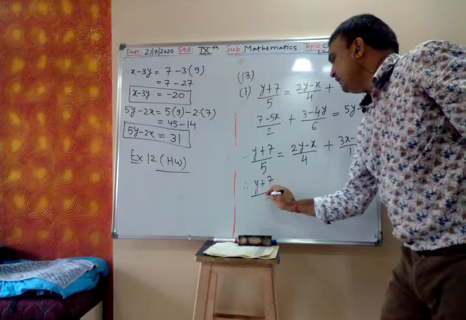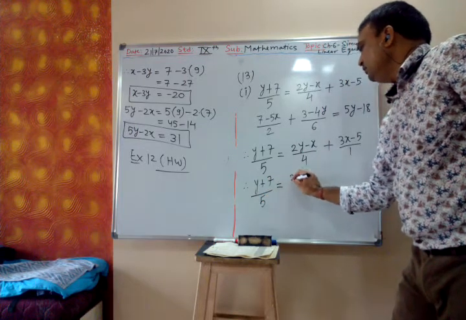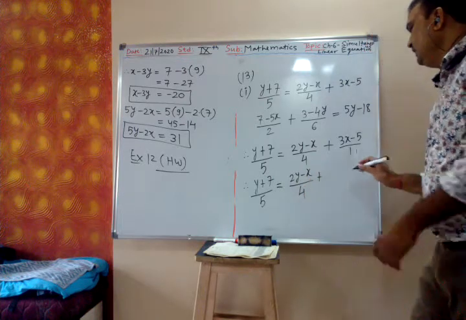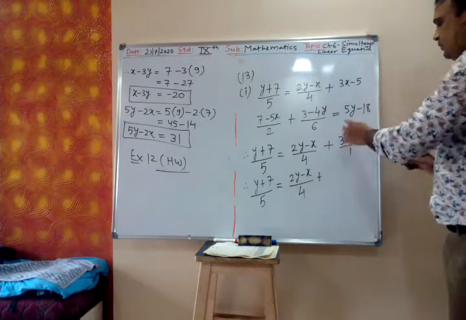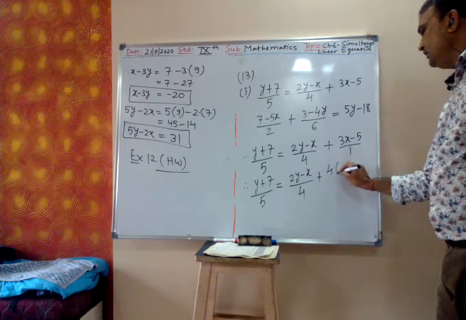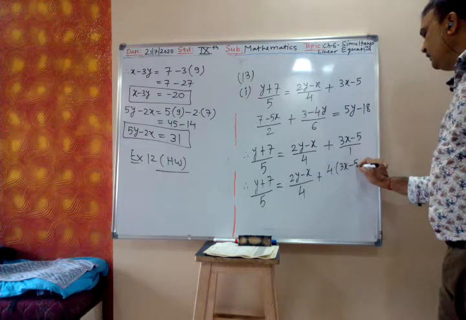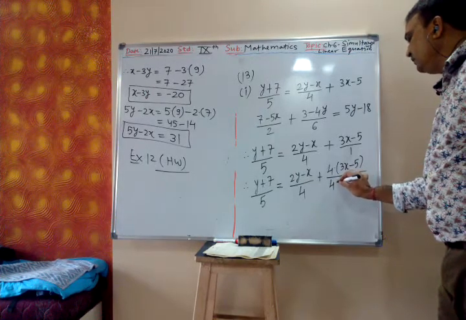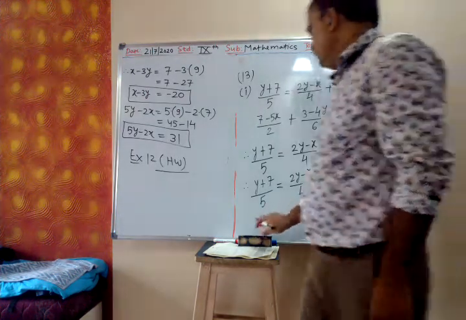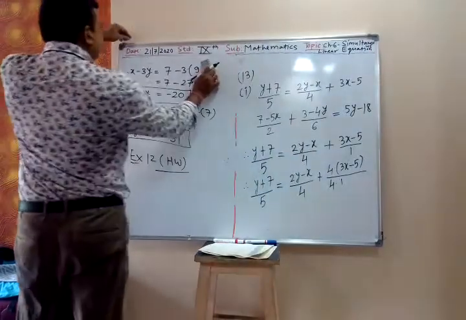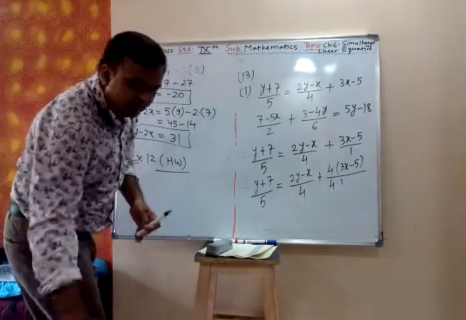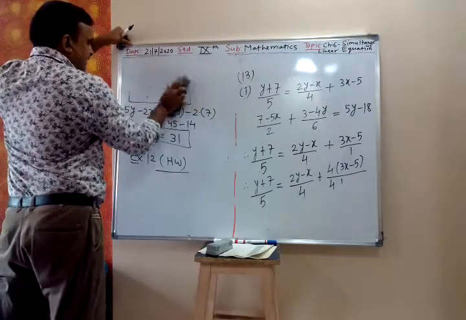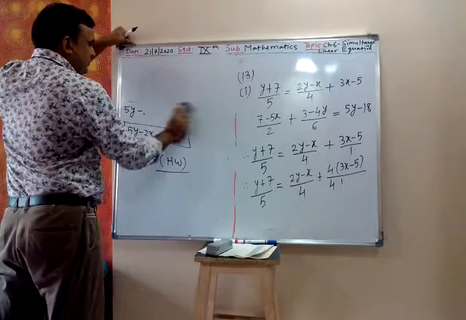So 4 into 3x minus 5 upon 4 into 1, that is 4. First we simplify and get equations 1 and 2.